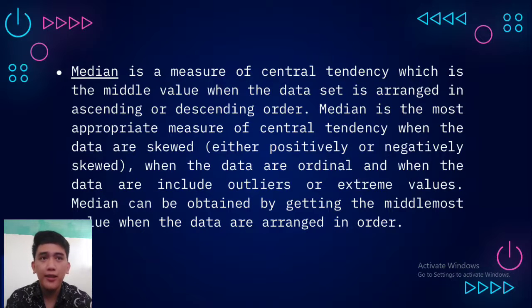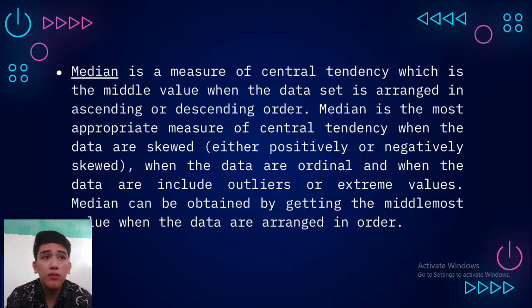Next is median. Median is a measure of central tendency, which is the middle value when the dataset is arranged in order. It is an appropriate measure of central tendency when the data are skewed, either positively or negatively, when the data are ordinal, and when the data include outliers or extreme values.